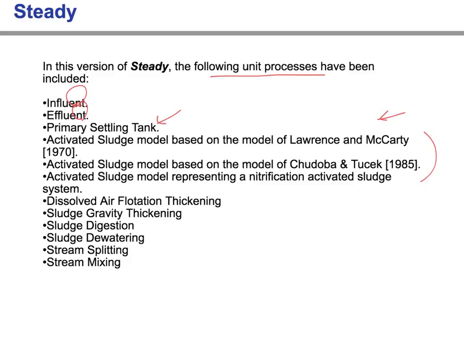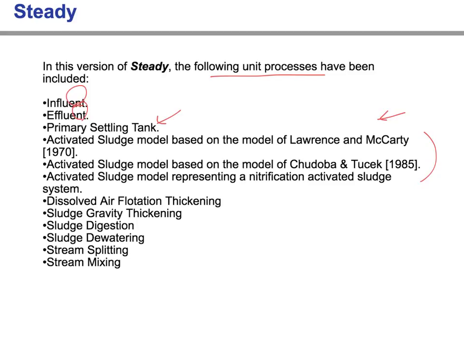So you need to choose one of them. And depending on your selection, the result may be different. So you need to actually know which model is appropriate for certain cases and which model is not really appropriate for other cases.